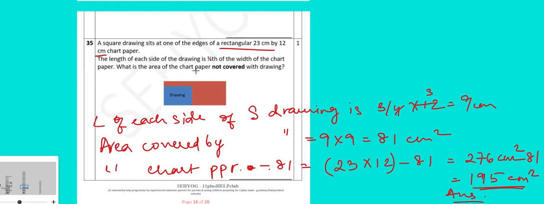What is the area of the chart paper not covered with drawing? So this 195 centimeters square is the area of the chart paper not covered with drawing under question number 35.